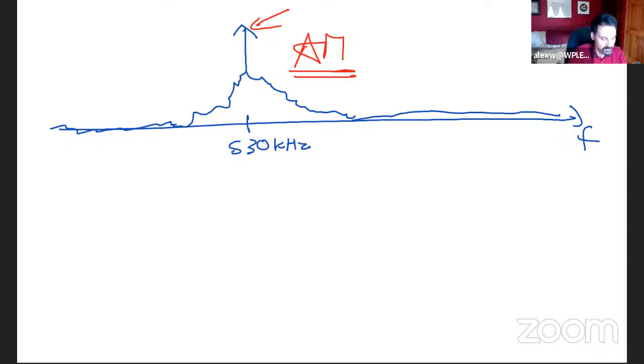Here we go. Let me show you what I'm yabbering about. It's good to have two computers. Let's share here. There we go.